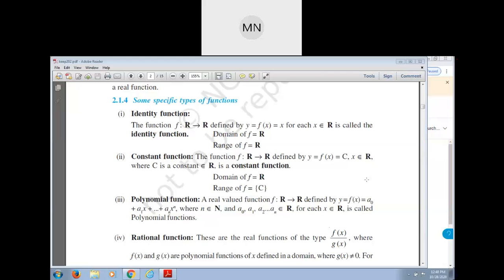Have you understood that topic? It has already been discussed.